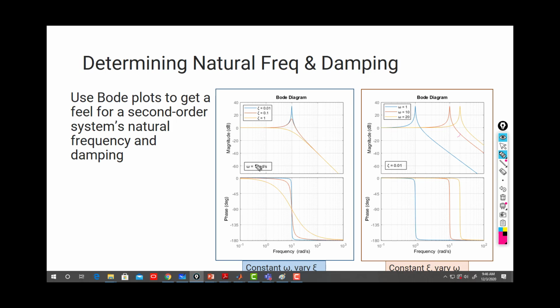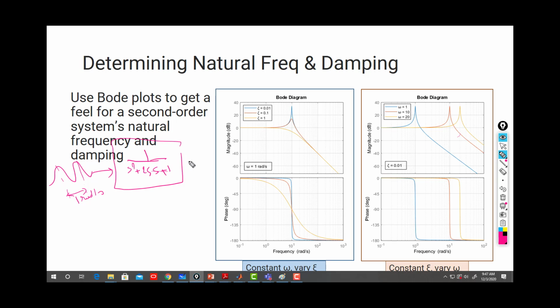Okay, and the system itself has a natural frequency of 1. So s squared plus 2 zeta s plus 1. So it has a natural frequency of 1. So when I inject an input that has a frequency of 1, equal to the frequency of my system, what should you expect?